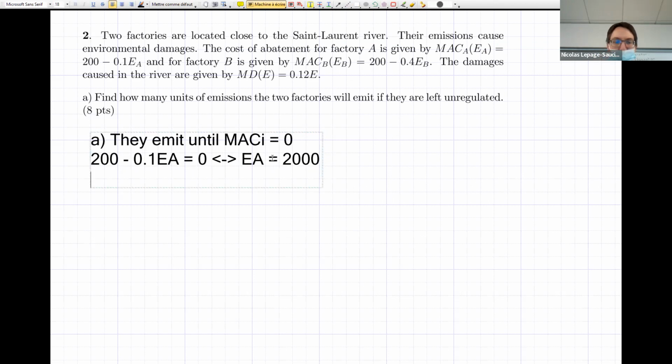So that's for firm 1. Firm 2 is 200 minus 0.4 EB equals 0. EB is 200 divided by 0.4, which is 400 times less than 2000. So that's 500.